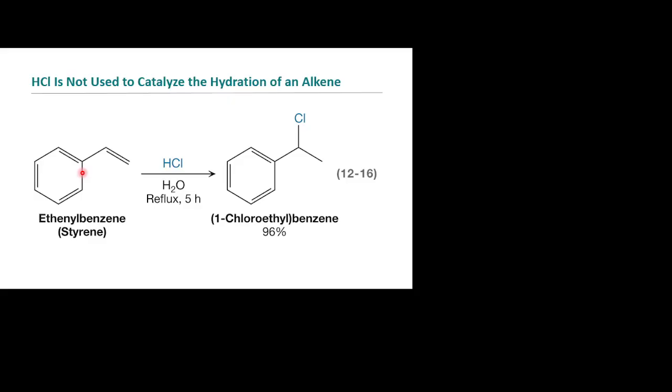So HCl is not used to catalyze the hydration of an alkene in some reactions. Why don't we use HCl to catalyze these reactions typically? The chloride is a pretty good nucleophile, right?